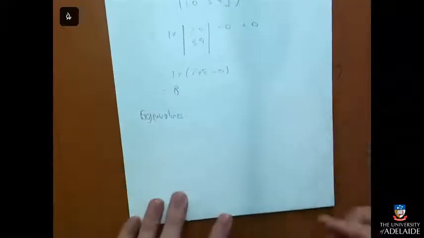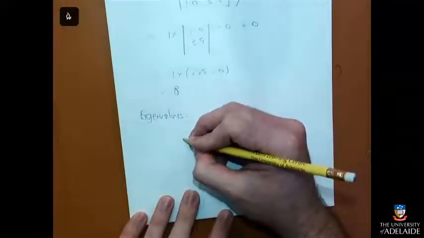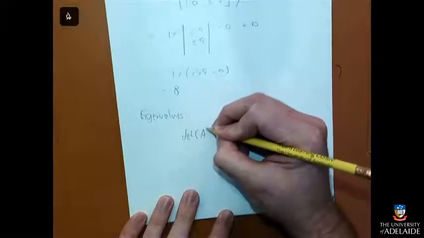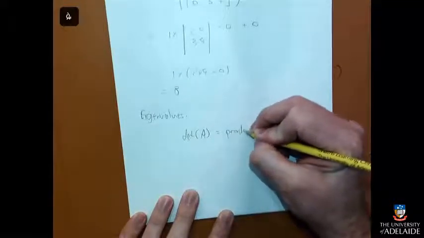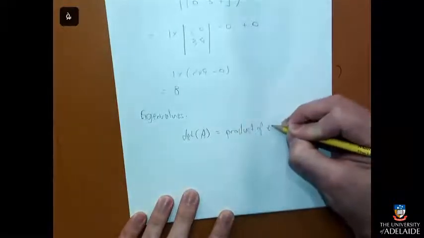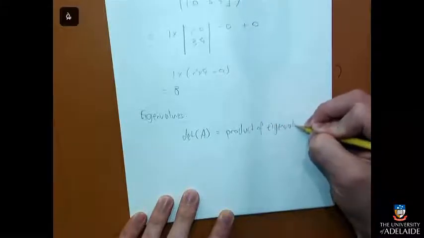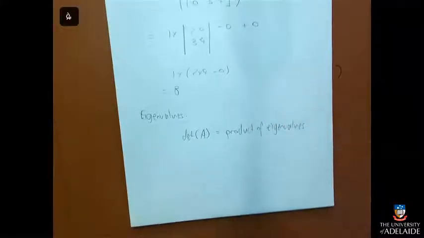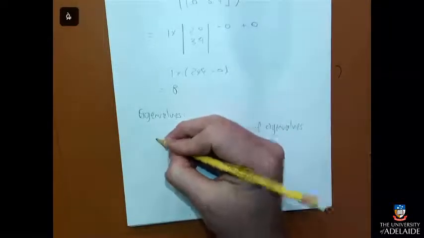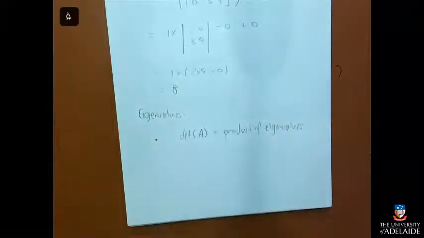So eigenvalues, let's see. I do know that the determinant of any matrix is the product of the eigenvalues. That's useful. Well, I don't know it's useful, but it's interesting.